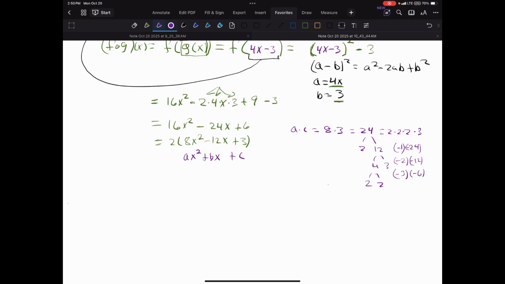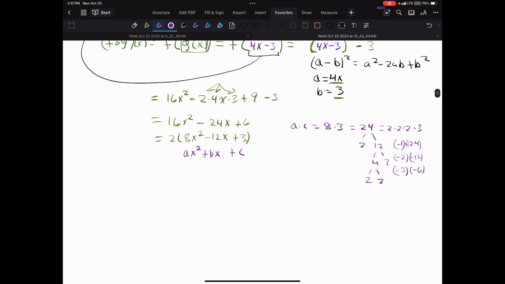But that's going to add up to negative 11. And so I think I've crossed through what my possibilities are, because I'm looking for negative 12, and I've gone from negative 25 to negative 14 to negative 11. If it was going to work, it would have been between those 2. And so I'm going to say this does not factor.